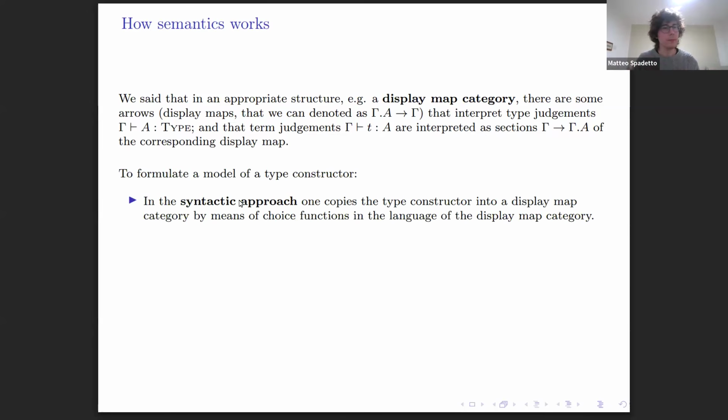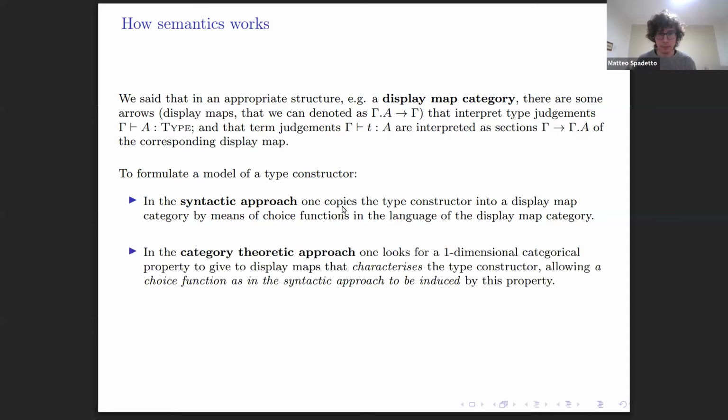So as I was saying, we have the syntactic approach where we copy-paste type constructors into a display map category by means of choice functions in the language we defined before. So we will just replace every type judgment via a display map and every term judgment via a section of an appropriate display map.